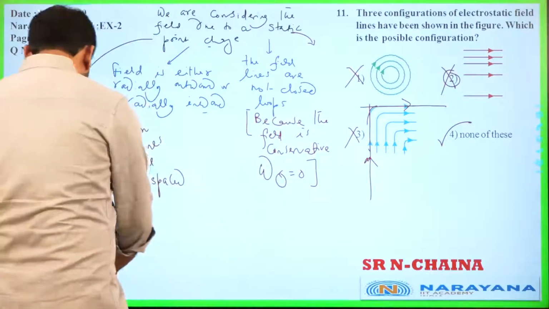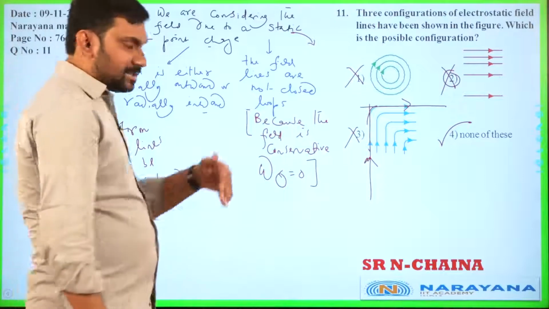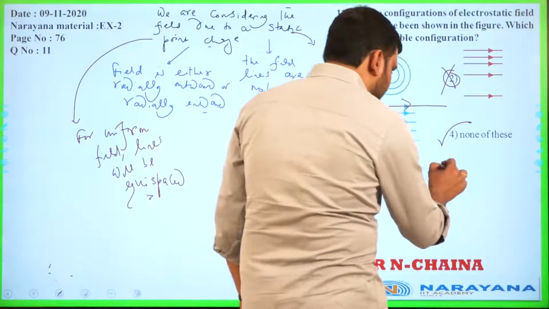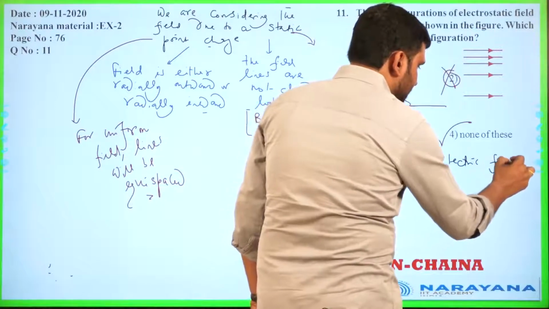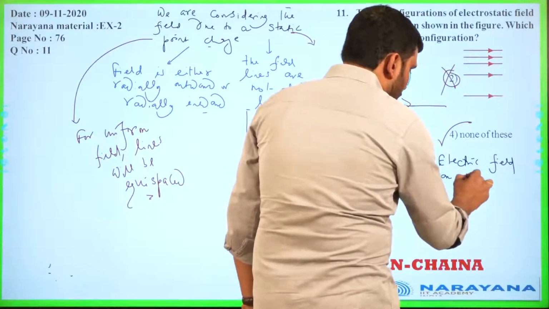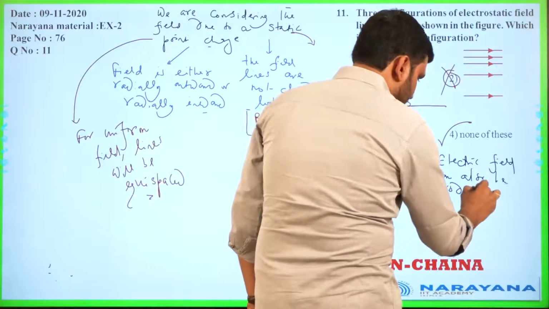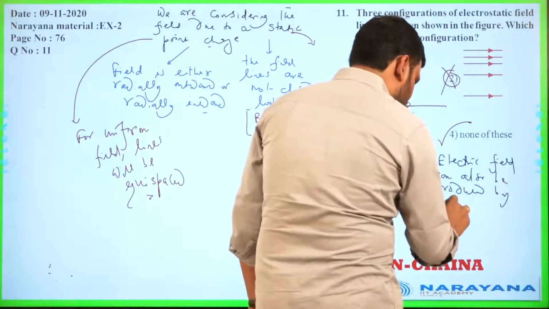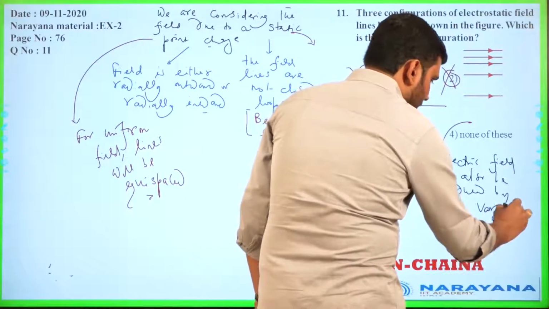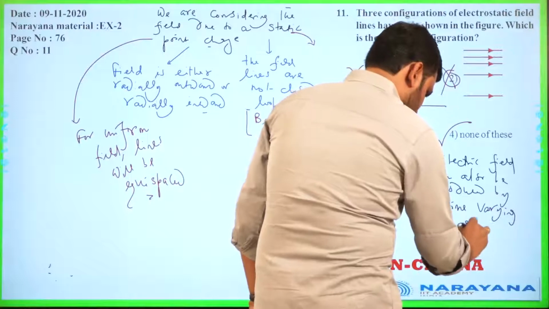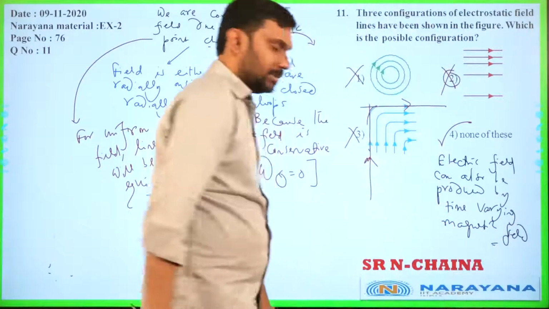The twist is, at a later stage you will study that an electric field can also be produced by a time varying magnetic field, right?